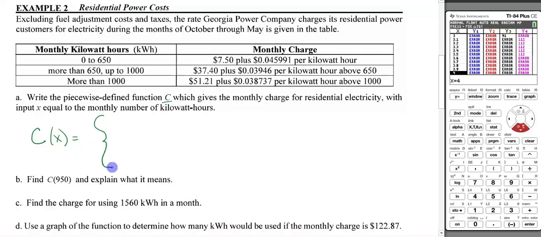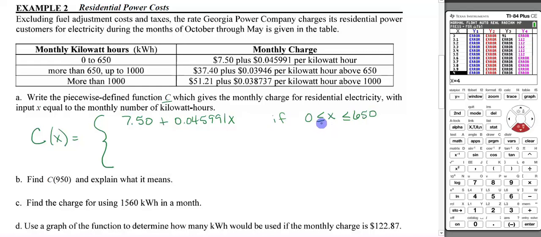So that's c of x equals, and make a curly brace. It's going to be big enough to hold our 3 pieces. The first piece is $7.50 plus 0.045991 times however many kilowatt hours you use. Okay, and that's if x is less than or equal to 650 and greater than or equal to 0.